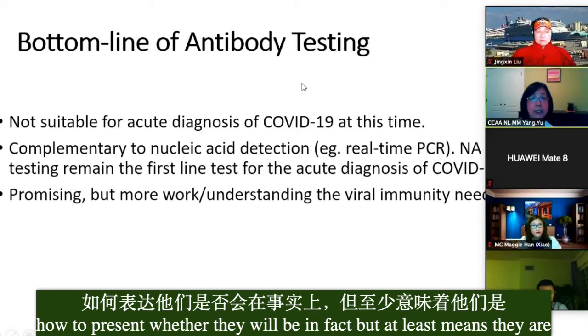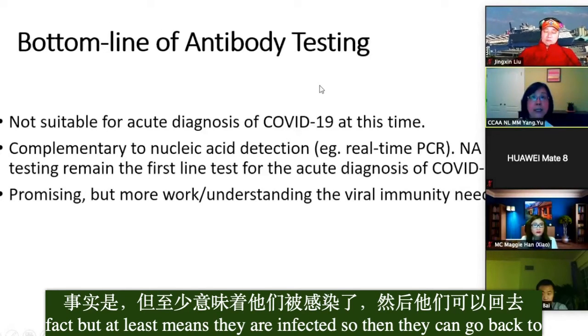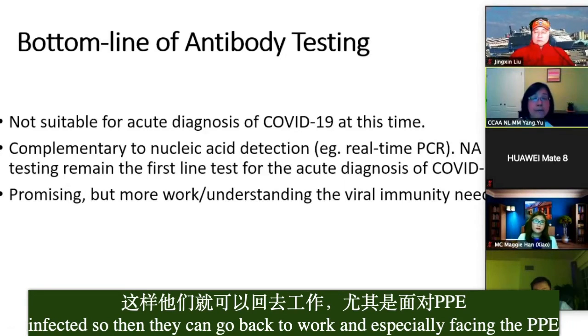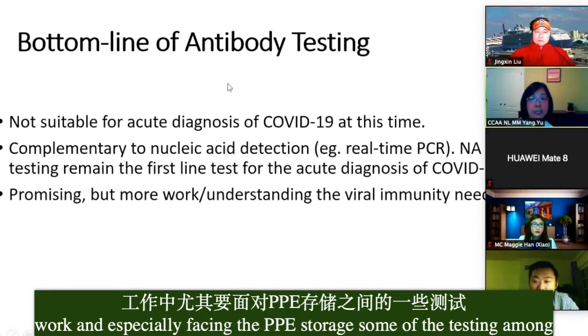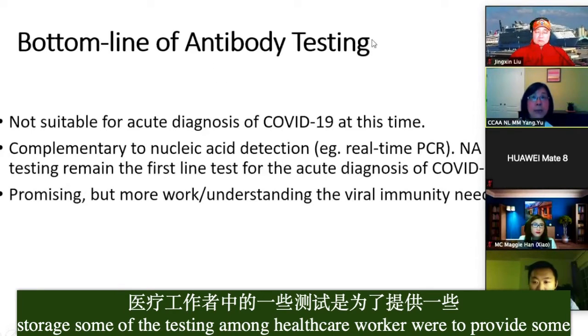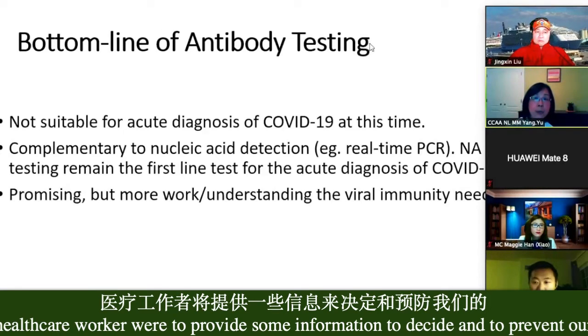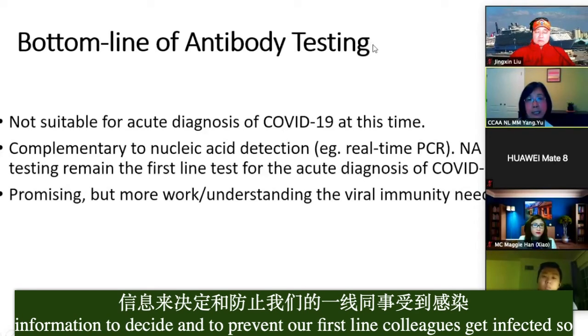But at least it means they were infected, so they can go back to work. Especially facing the PPE shortage, some testing among healthcare workers would provide information to help prevent our first-line colleagues from getting infected.